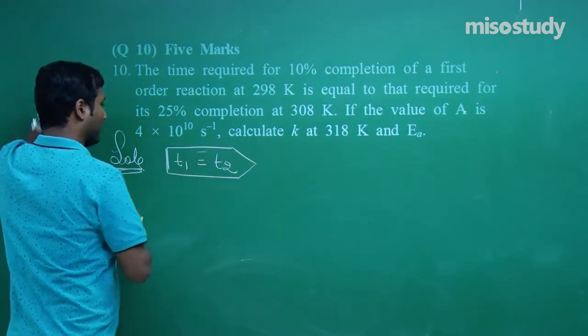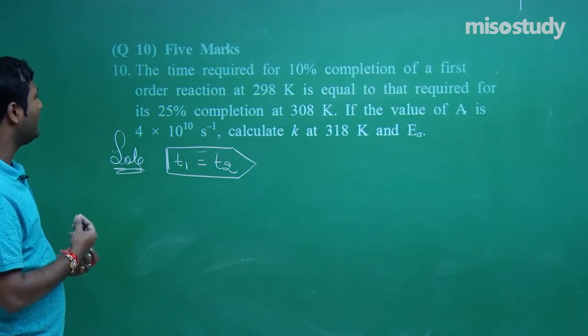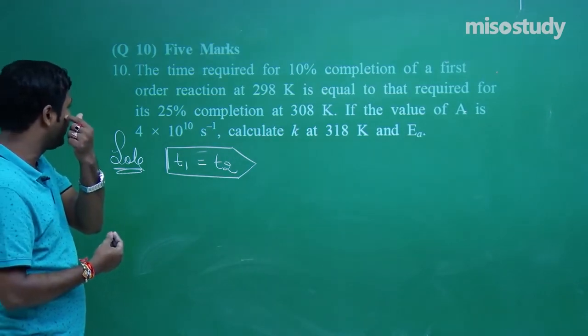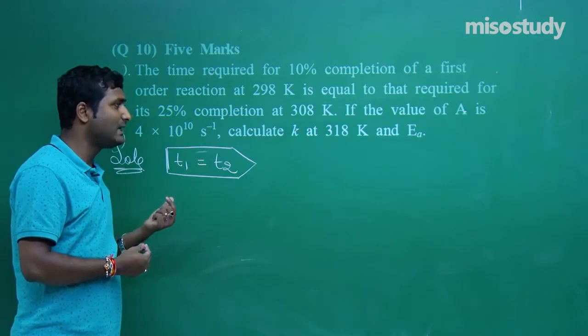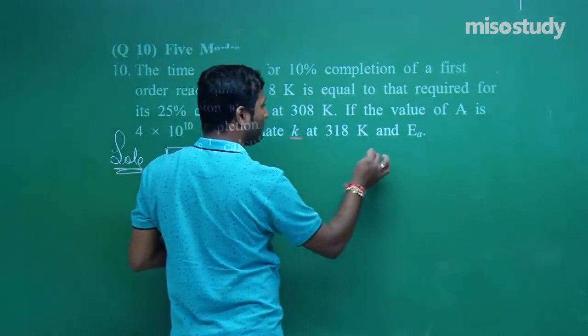Yes sir, it is given. Now if the value of A is 4 into 10 to the power 10, calculate K at 318 Kelvin and EA. Then you have to calculate the value of K and EA.